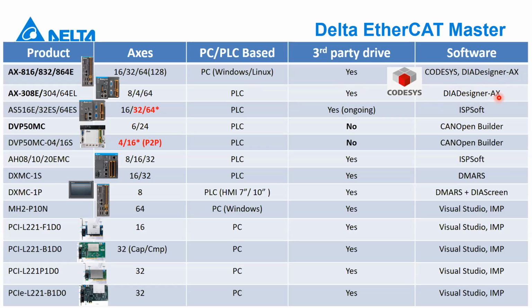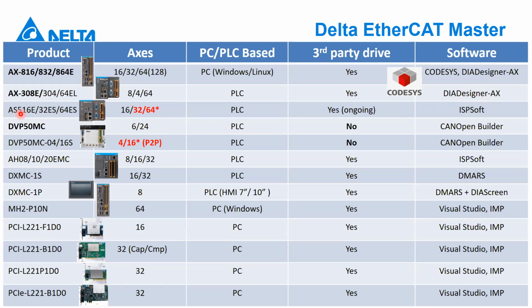That means if you have a customer who wants to test the Delta AX3 series, they cannot use CODESYS software. They have to download DIADesigner AX from the Delta DIAStudio website. This one I will explain more later.